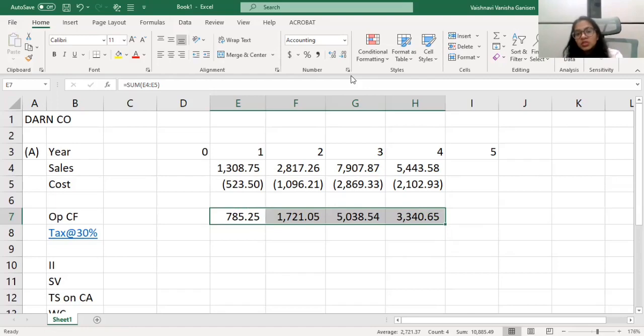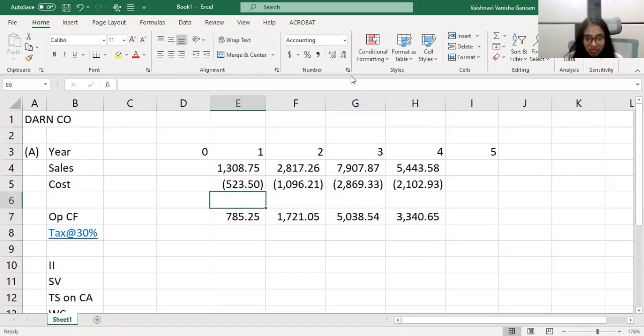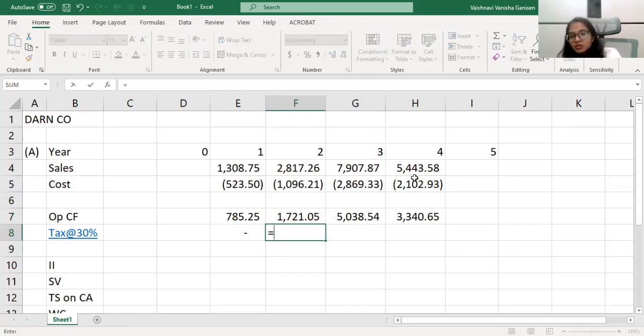Now, once you have a hang of it, I want you to calculate tax. Remember, I told you the tip when you have tax paid in arrears: you go to year 1, you straight away put it as 0 so that you don't make an error or a careless mistake. Then when you go to year 2, you straight away put equals to negative year 1 multiply 0.30.